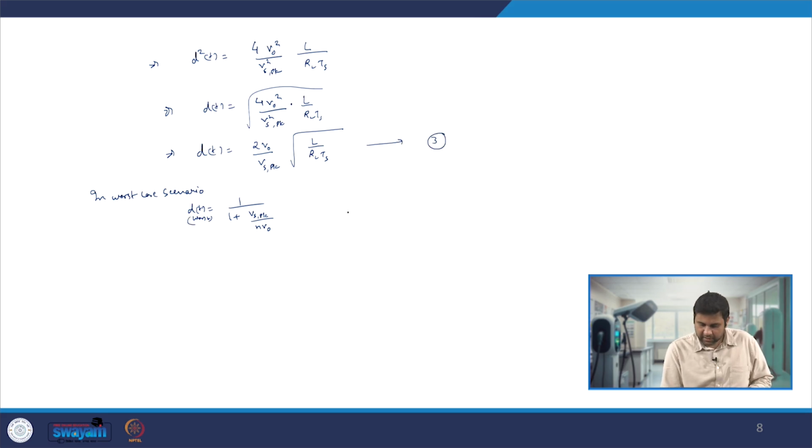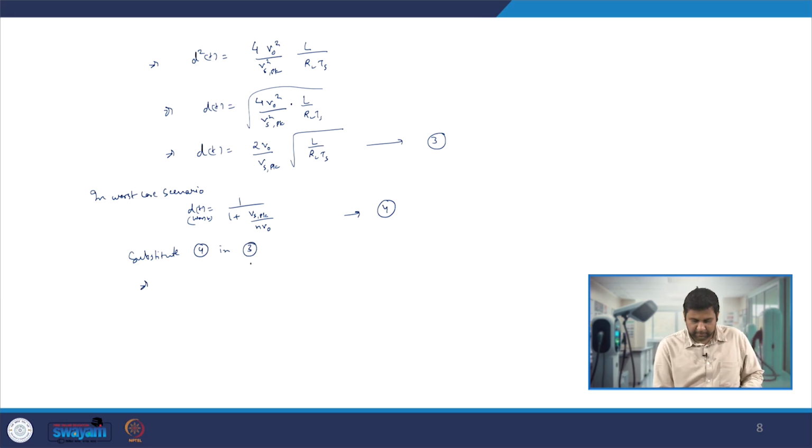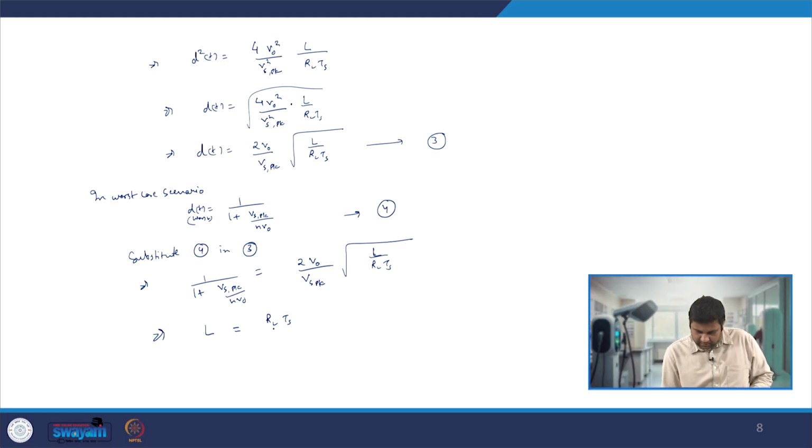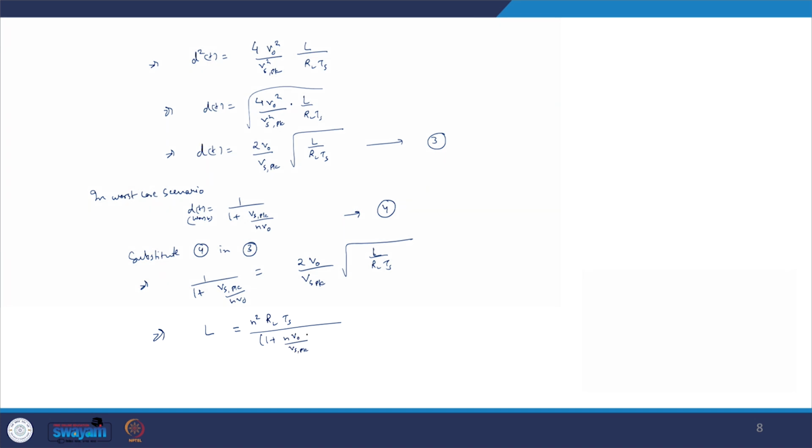So if we define this as 3 and this as 4, substitute 4 in 3, what we will get is 1 by 1 plus Vs peak by n V naught equal to 2 V naught by Vs peak under root L by RL Ts, and if we rearrange this, we will get L is nothing but RL Ts divided by 4 into n square divided by 1 plus n V naught by Vs peak square.